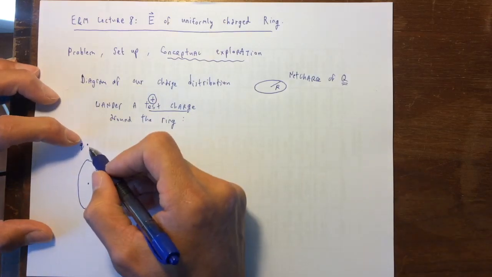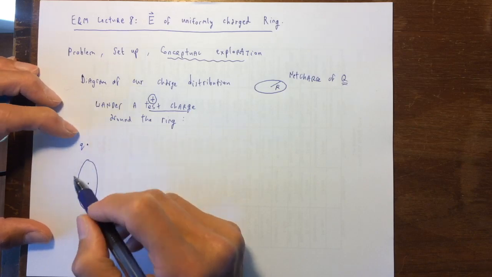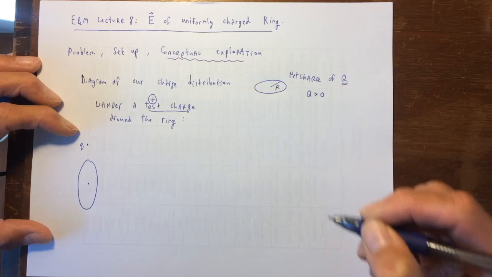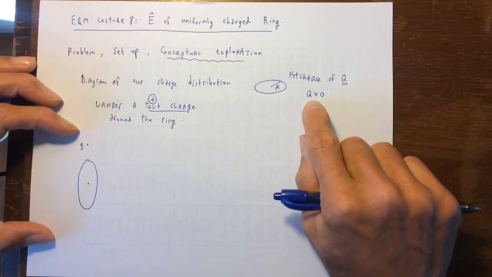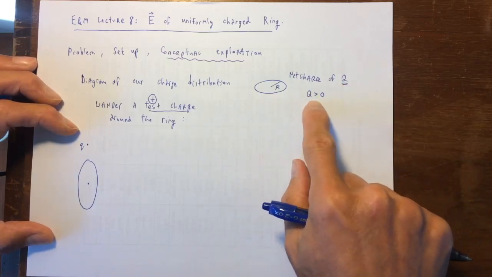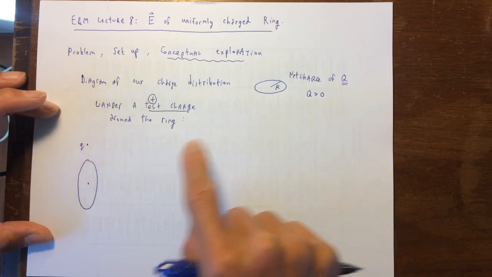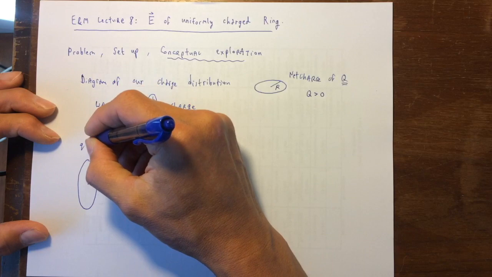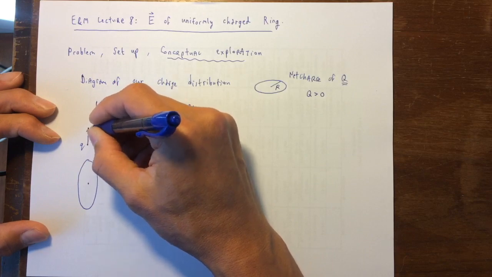So in order to know if the test charge is attracted or repelled, I have to think about what charge is the ring itself. And so let me start by thinking about the charge of the ring as being positive. So in that case, I should see that the test charge is repelled.